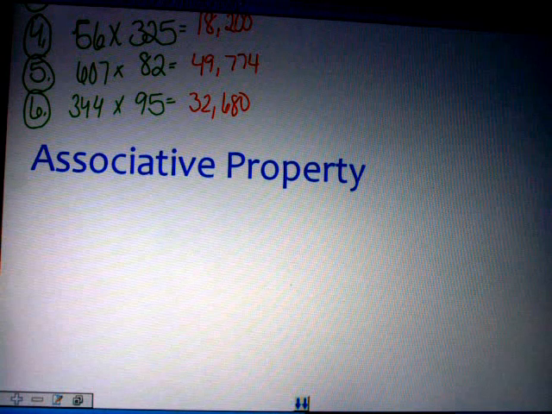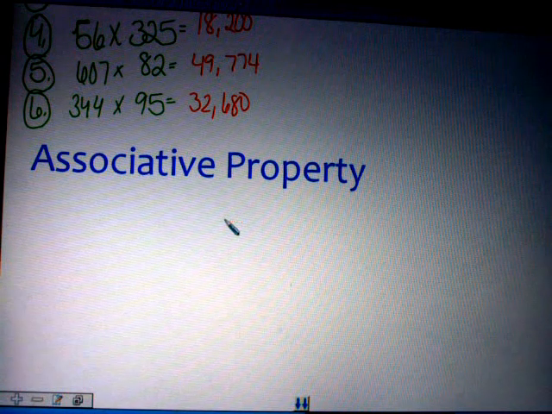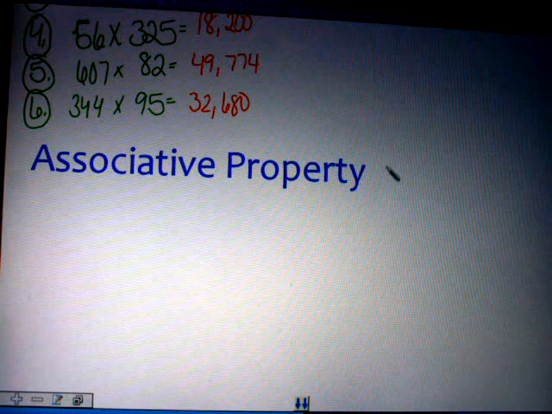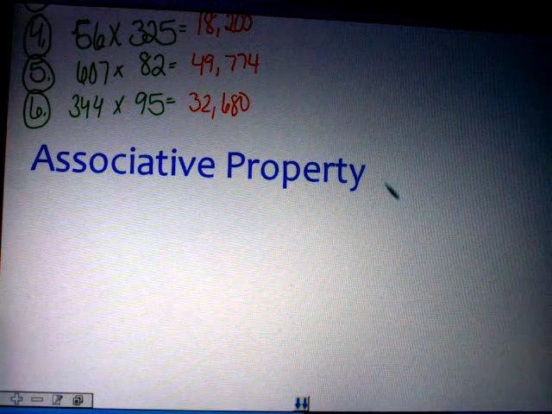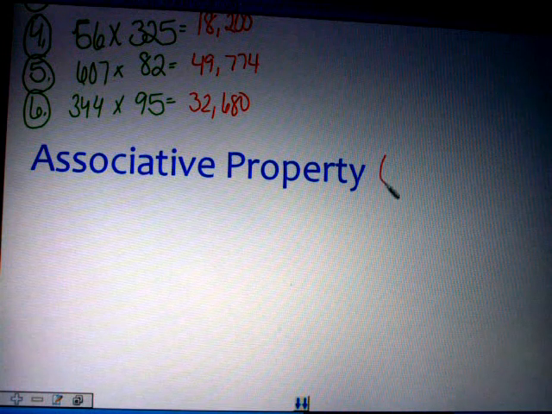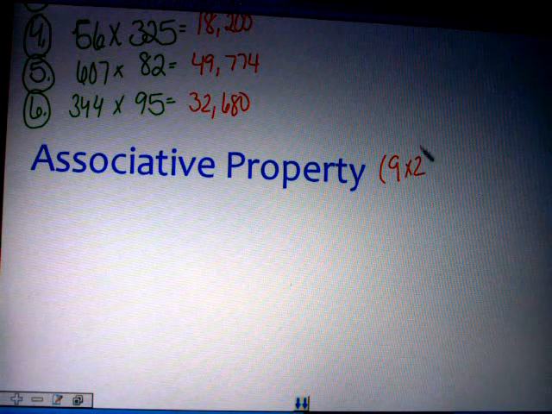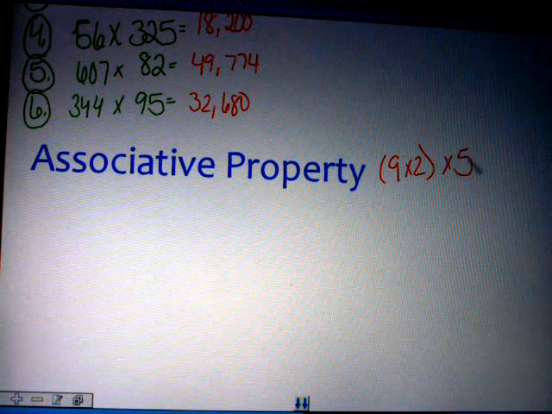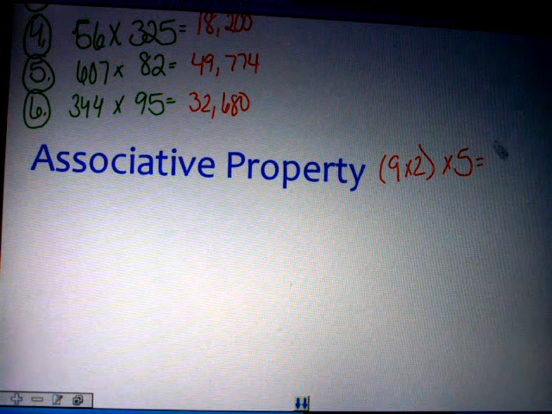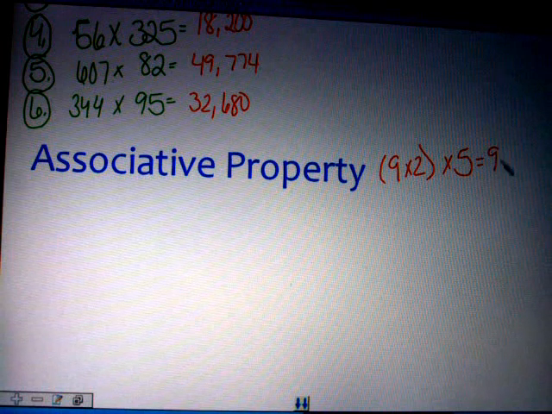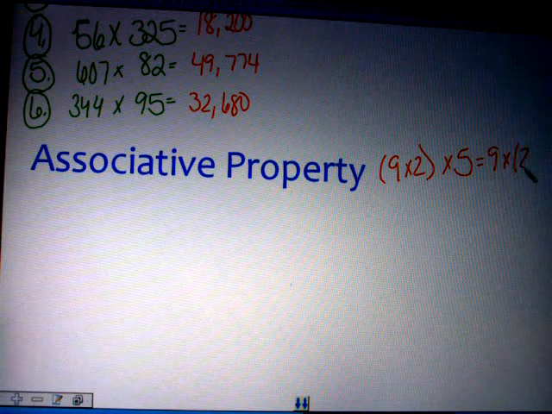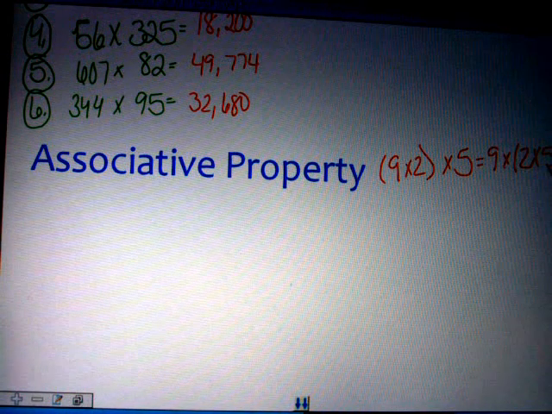And if you remember from the associative property, the way in which the factors are grouped does not change the product. So if I have 9 times 2 times 5, that is the same as 9 times 2 times 5.